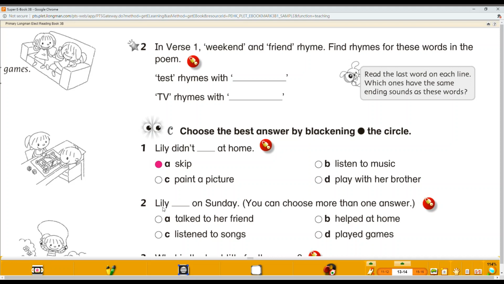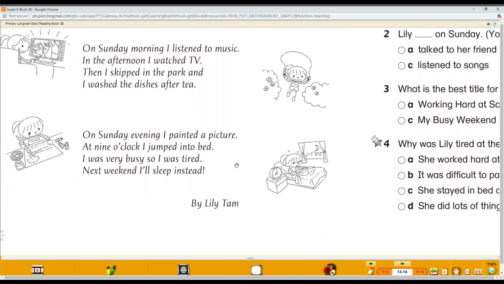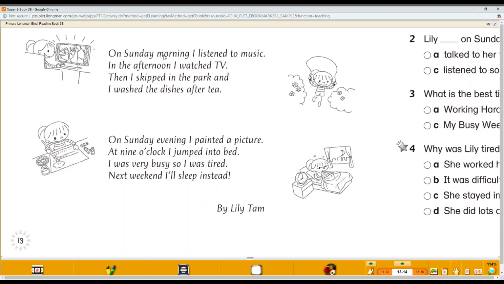Good. Number 2, Lily something something on Sunday, and you can choose more than one answer. So let's check the Sunday entry and let's see if we can find talk, help, listen, play. We can find listen to music.